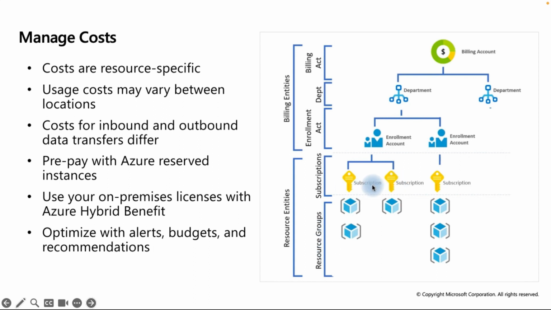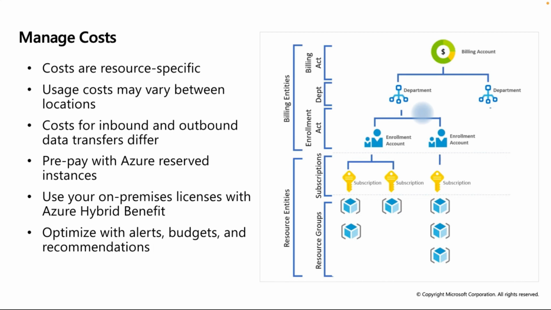The resource group depends on the subscription. Each resource you are using depends on the subscription. We create for billing entity and resource entity. The resource entity includes the subscriptions, and the billing entity is for the account, department, and your main enterprise account.